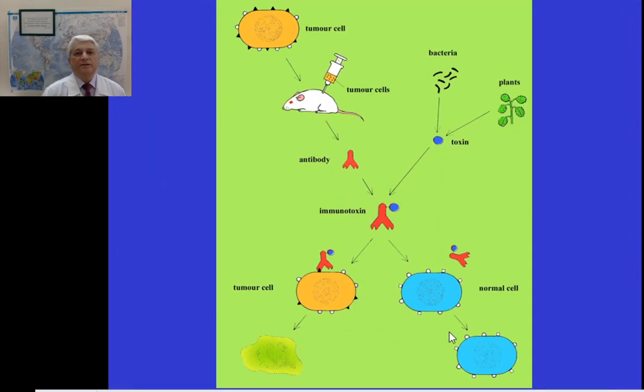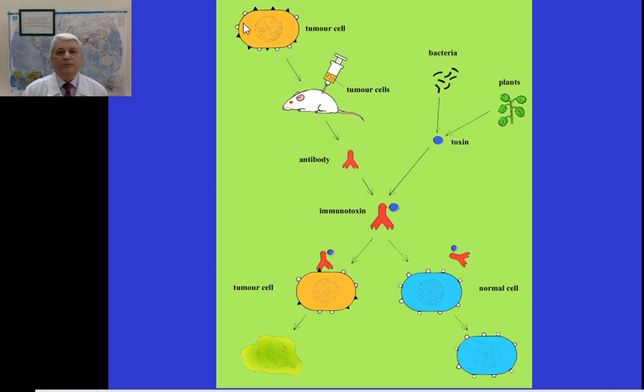This is the complete scheme. I recommend you to copy it to your notebook. So let's explain step by step. For example, we have a patient with malignant tumor. This is the cell of malignant tumor from the patient which we expect to treat. On the surface of the malignant tumor cell there are different antigens. For example, these black triangles show the specific tumor antigens.